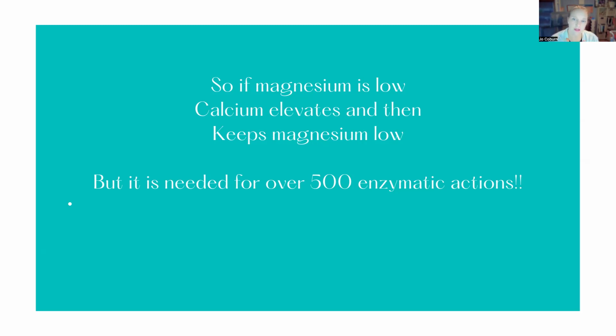Stress does affect this. It's one of the big things that can affect it. You can go back and look at all the things that can make us lose magnesium and raise calcium.